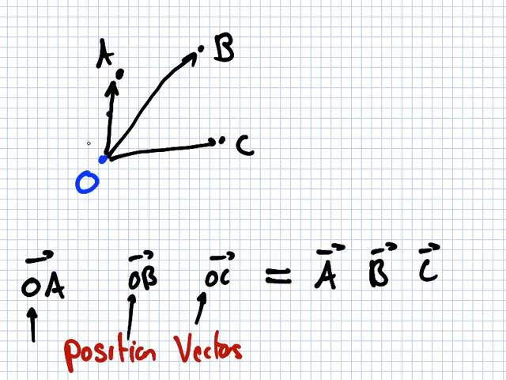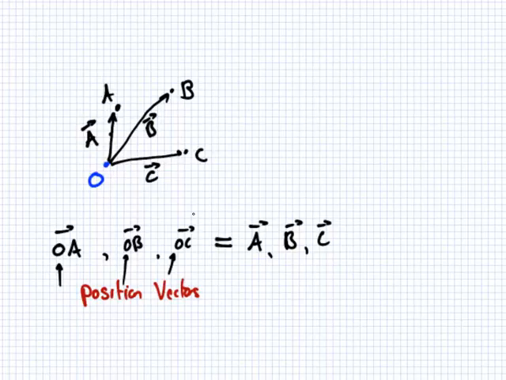If I start at the O, I can just write A, this one's B, and this one's C. So they're still like Euclidean vectors, except they always start at O. And in fact, it doesn't actually matter where you really put the O for some of this stuff. So I'll show you an example of our first law.